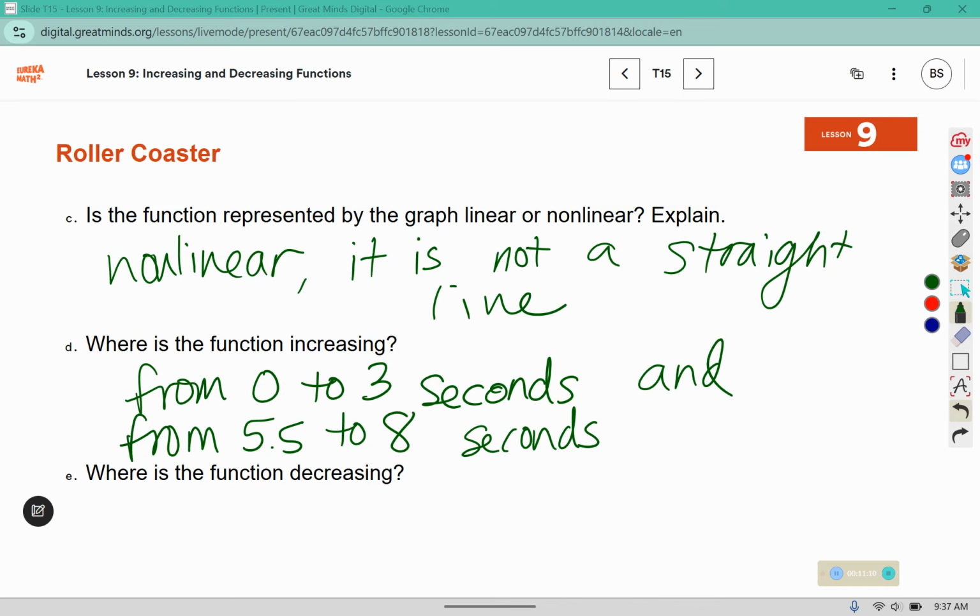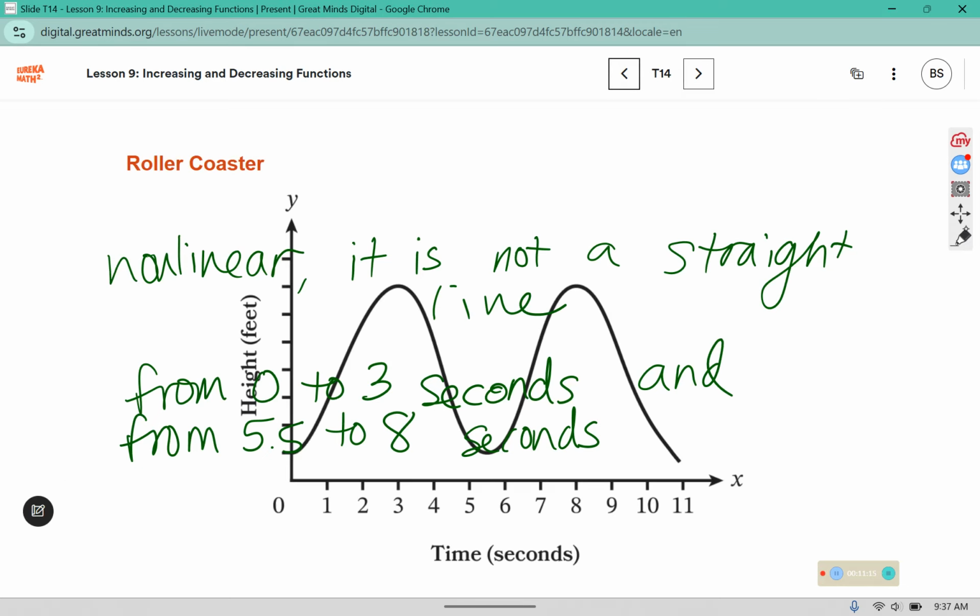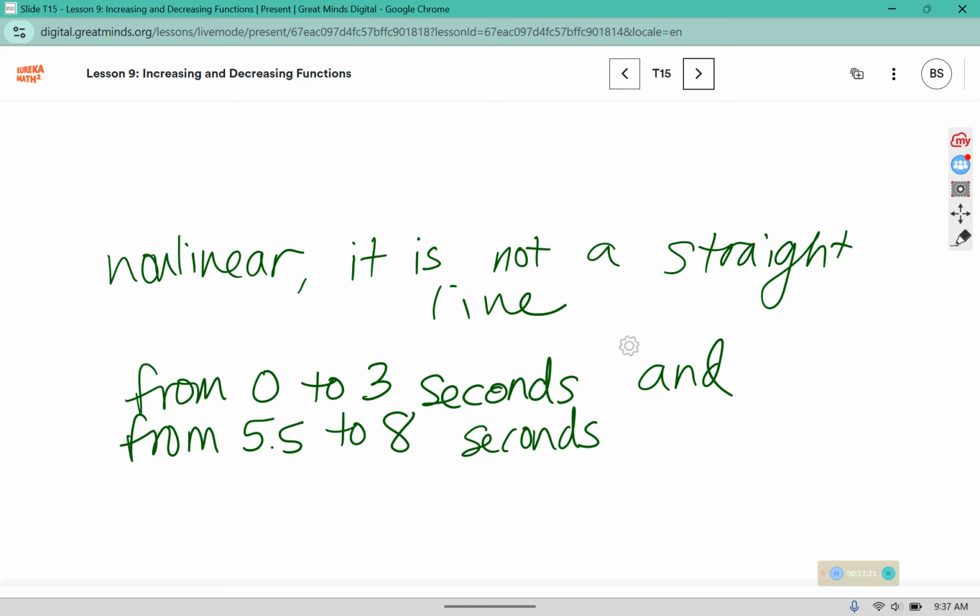Where is the function decreasing? Well, it decreases from about 3 to 5.5, and from about 8 to 11.